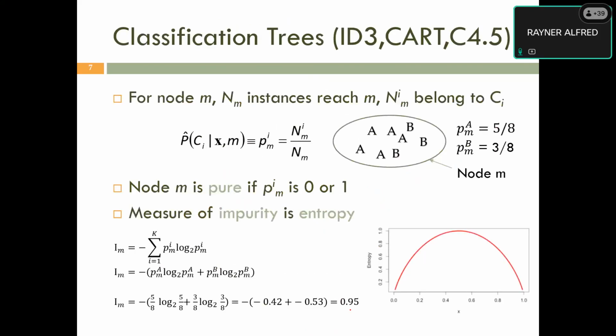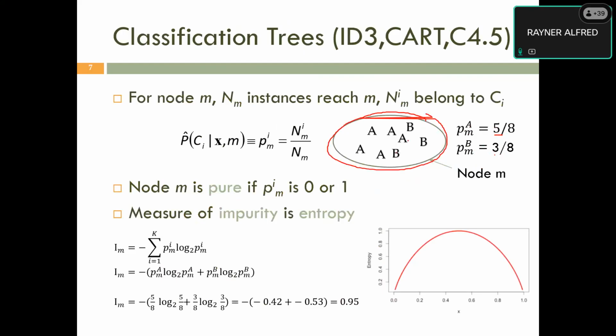For example, in the data set that we have here, we have 5/8 for A and 3/8 for B. This is the probability of A and this is the probability of B in our data set.